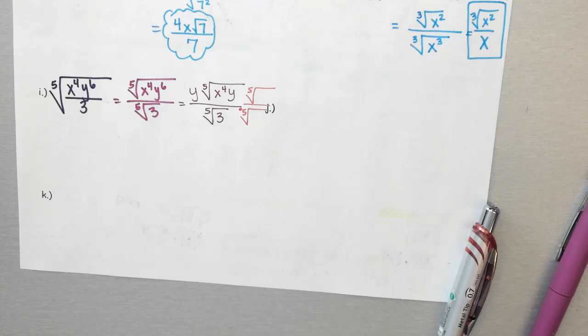This is a little different because it's a number, but you can still use your exponents. So remember that in order to cancel out, you need 3 to the power of 5.